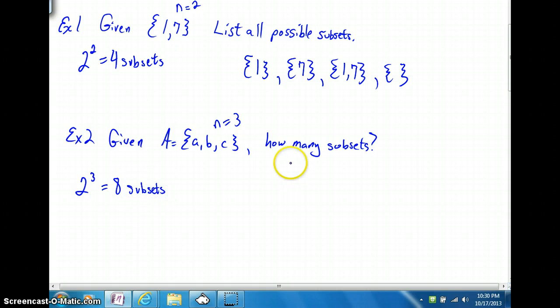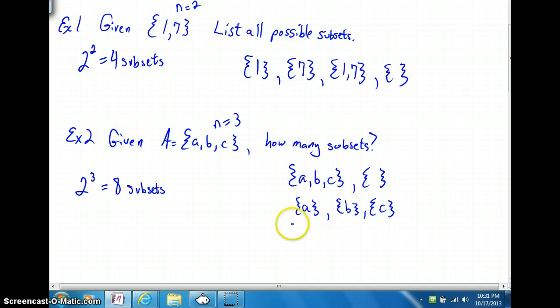Now, like we just said earlier, you're always going to have the set itself and also the empty set as your subsets. Here are 2 of them. You might think, well, my goodness, what are the others? Well, we could have the singleton a, a singleton of b, a singleton of c. What else could we have?